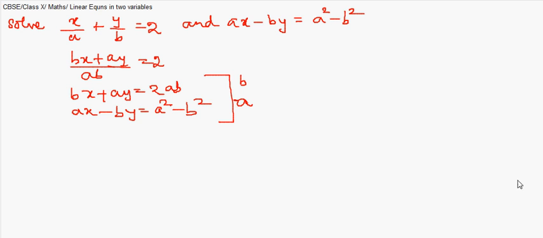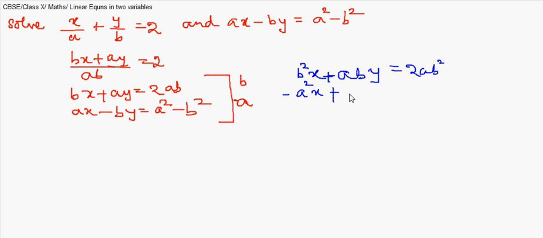By doing so, I'm getting b square x plus abx equals 2ab square, and if I subtract, I get minus a square x plus, it was y then, so it would have been y here as well.